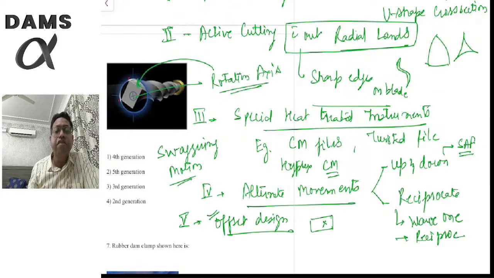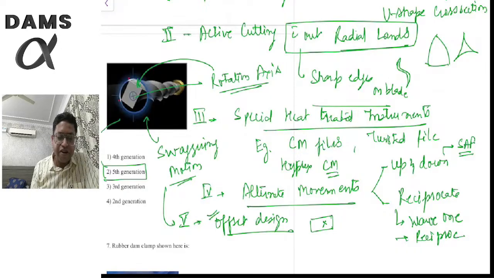Which instruments? Fifth generation of instruments as shown in the figure. So what would be the answer to this? They are the fifth generation of instruments. This particular cross section is indicated by our offset design. The center of the instrument does not coincide with the center of rotation of the instrument. They rotate on an eccentric axis.